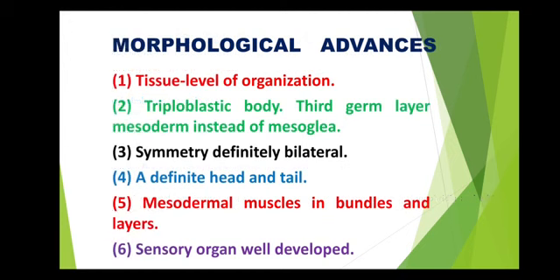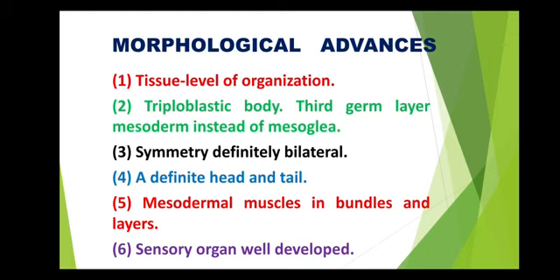Next slide. Morphological advances of Platyhelminthes. Platyhelminthes show an advancement over the previous metazoan phyla Coelenterata and Ctenophora in the following respects. Point number 1, tissue-organ level of organization.